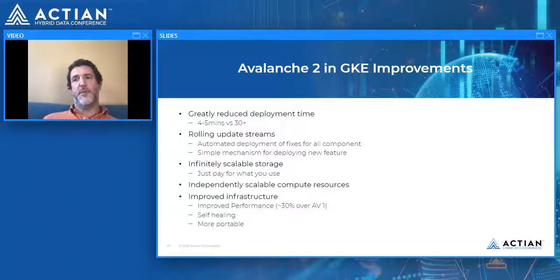That means that fixes can be pushed out to clusters automatically without customers necessarily having to request them, and critically without DevOps having to go and manually deploy them. It's also given us a very good mechanism for deploying new features. That means that existing clusters can be upgraded over time without the need to manually install them, or without the need for customers to create new clusters to receive them.